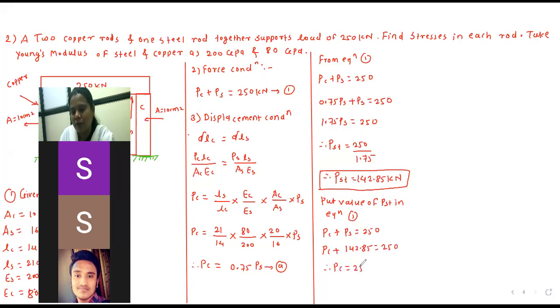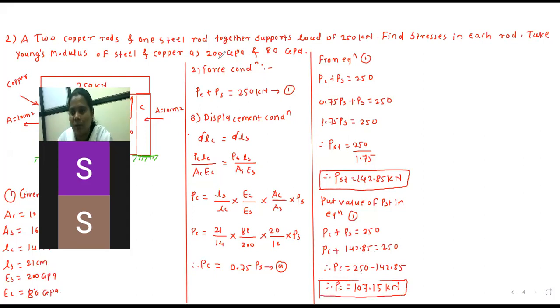Therefore, PC is equal to 250 minus 142.85. Therefore, PC is equal to how much? 107.15 kilonewton. So that much load can be carried by the copper rod.